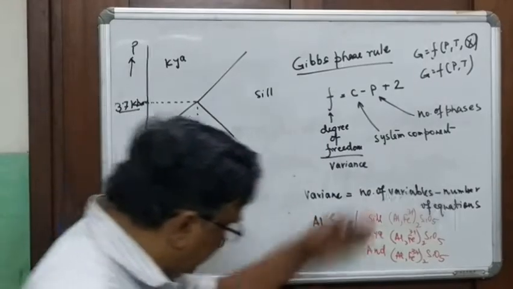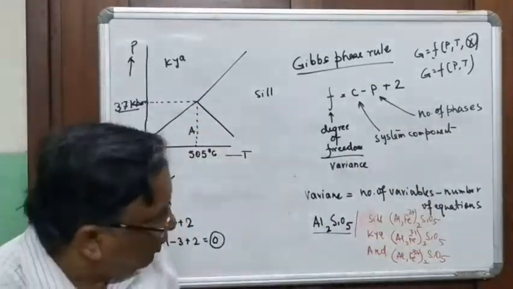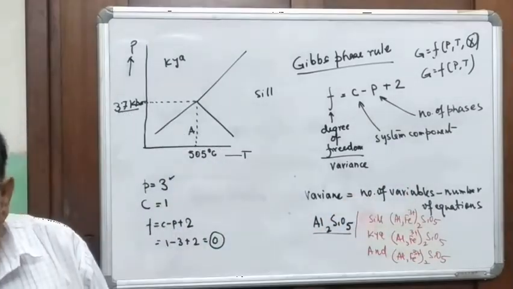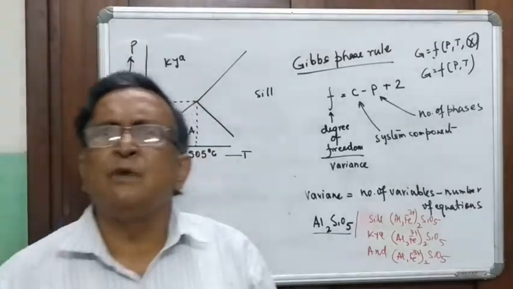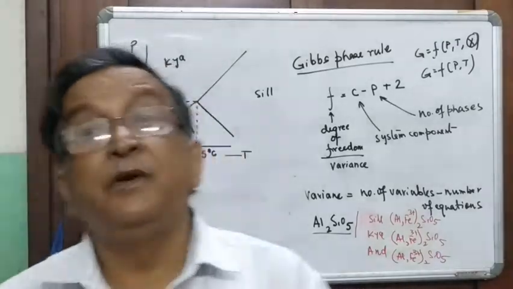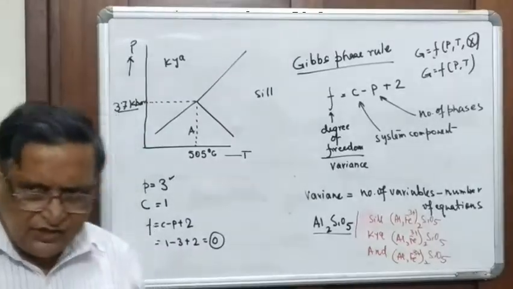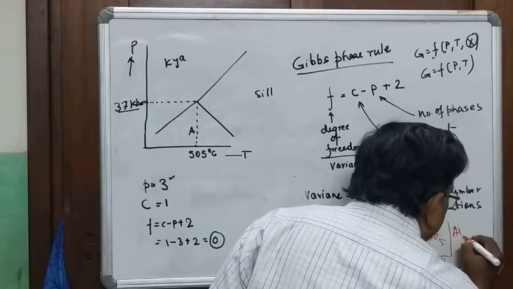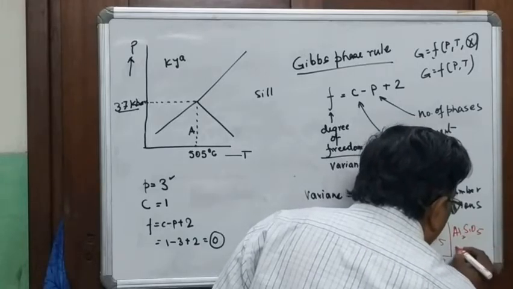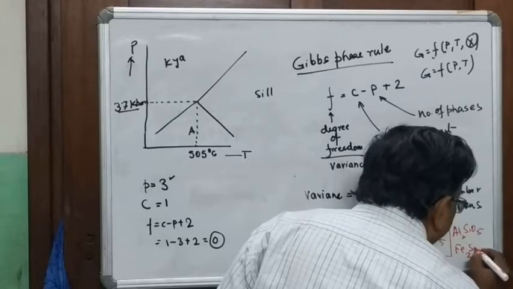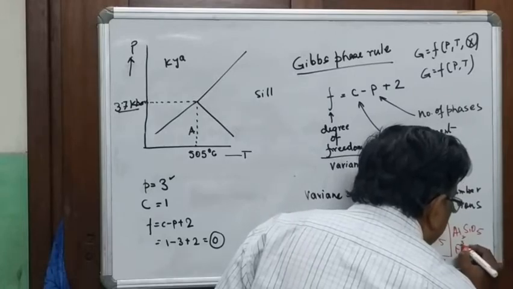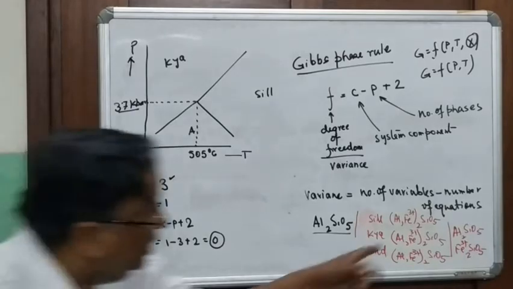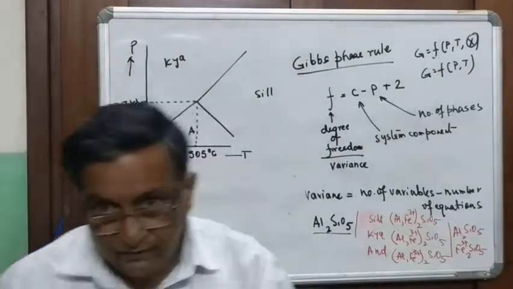So now, if I ask you for this Al2SiO5 phase diagram, what are the system components? What will be your answer? The answer will be Al2SiO5 and Fe2SiO5, remembering that this is 3+. So you have two components now, Al2SiO5 and Fe2SiO5.